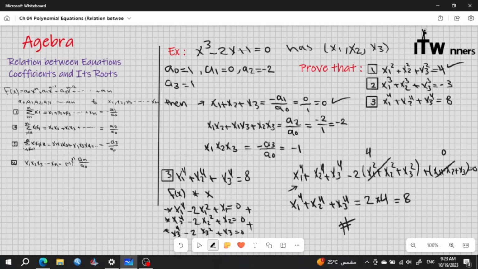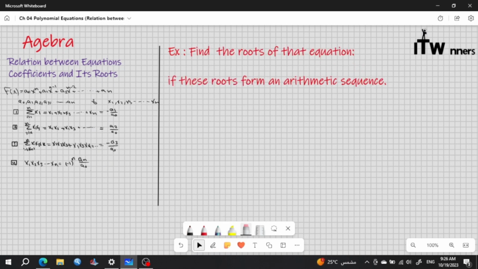Let's remove that and move to the next equation: x³ − 9x² − 23x − 15 = 0, if these roots form an arithmetic sequence.